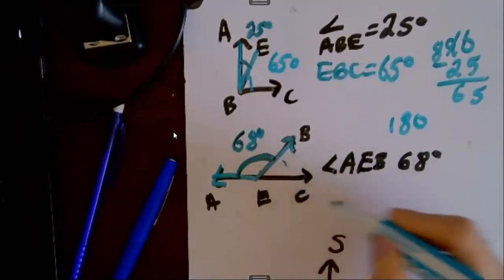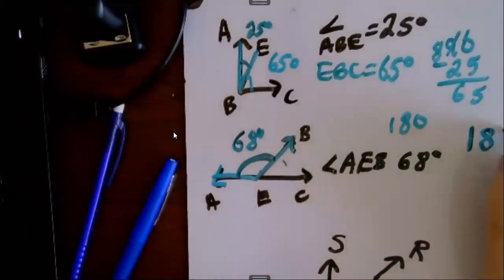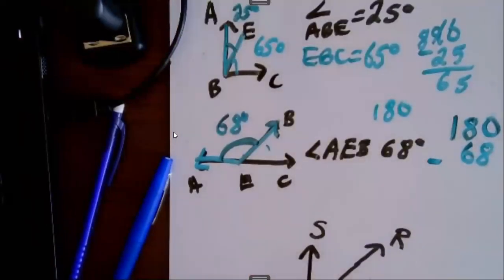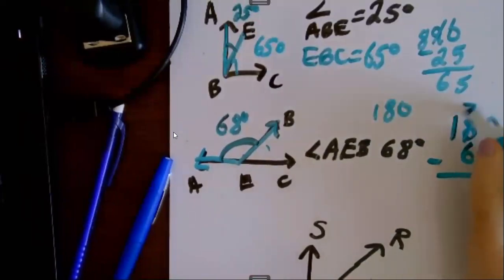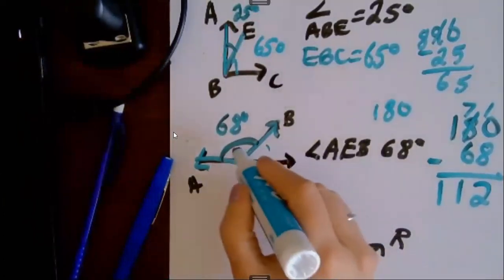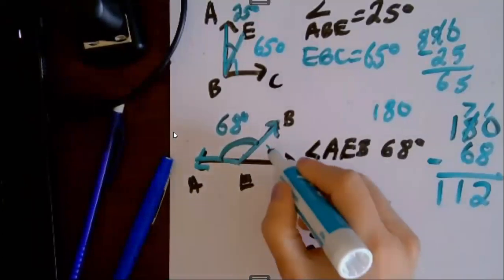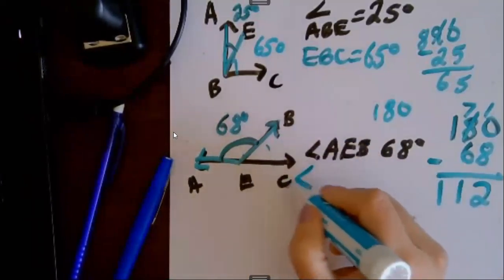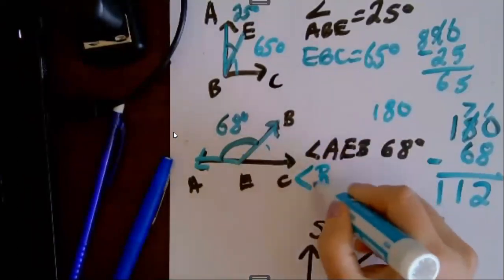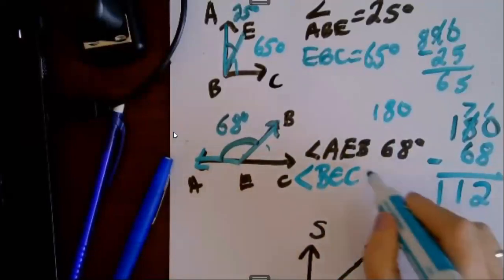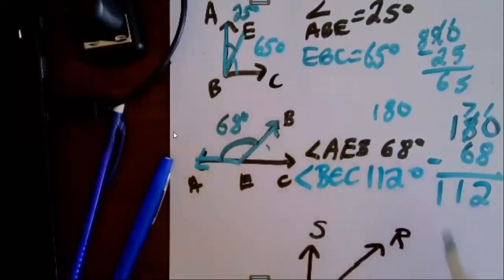So we are going to take our straight line, which is 180, and subtract 68. So when you add this plus this, it should equal 180, hopefully. So this angle BEC, or CB, or whatever you'd like to call it, is 112 degrees.